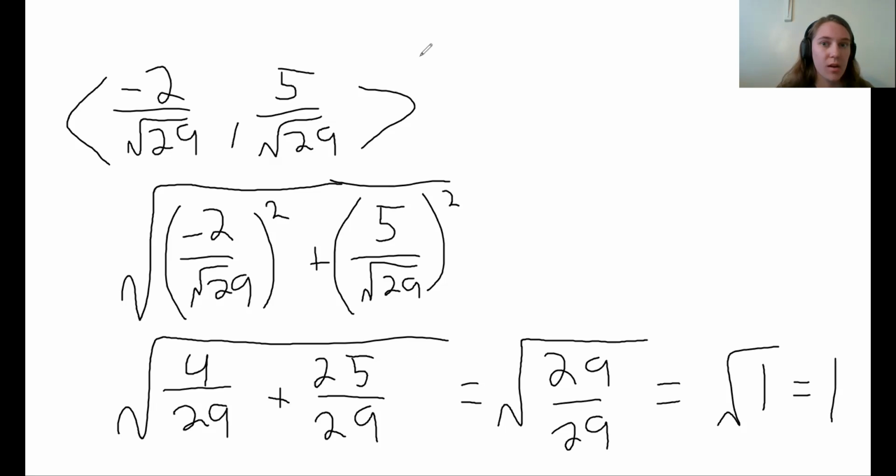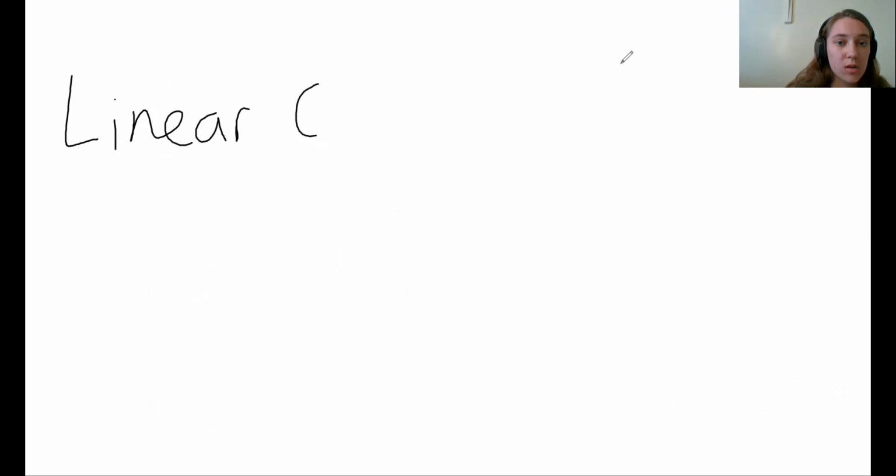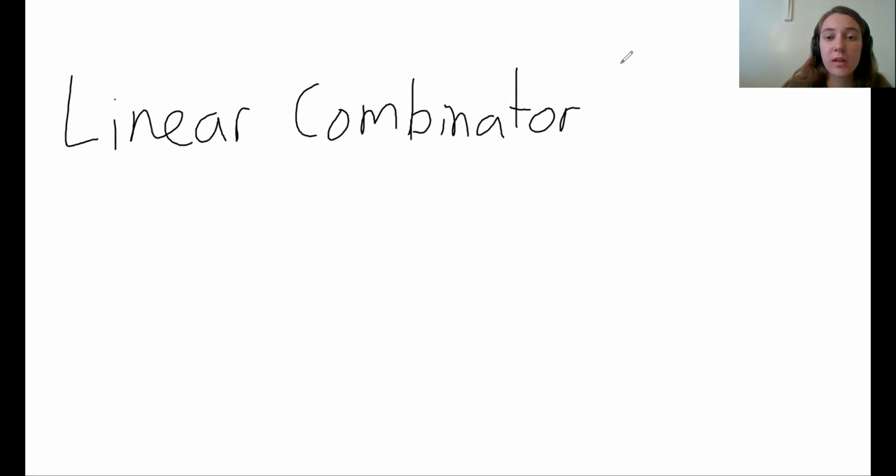So now we are going to go over linear combination form. This is just another way of writing vectors.